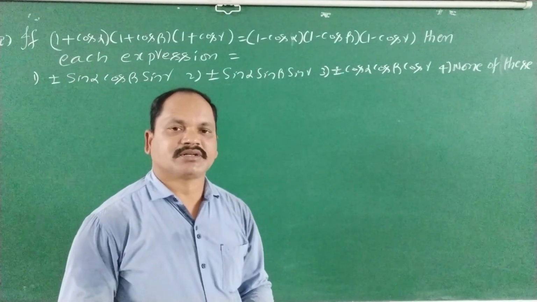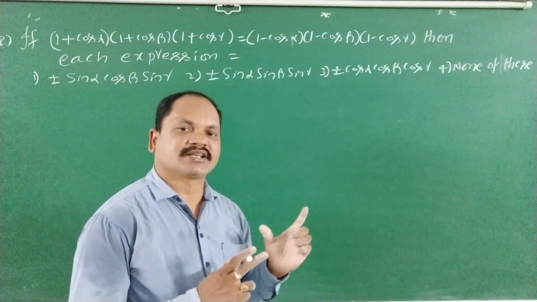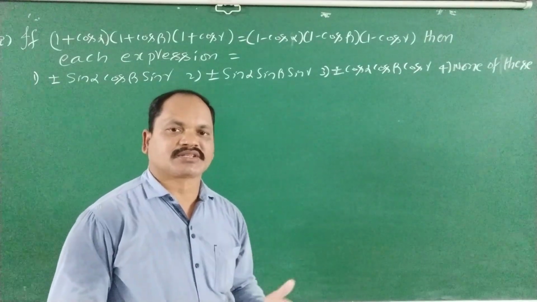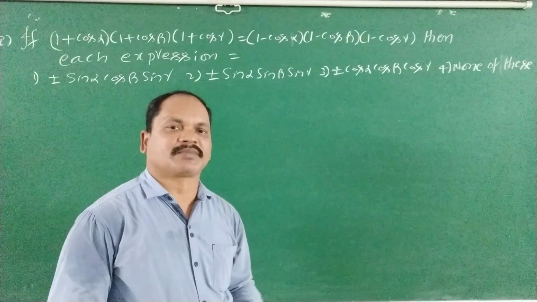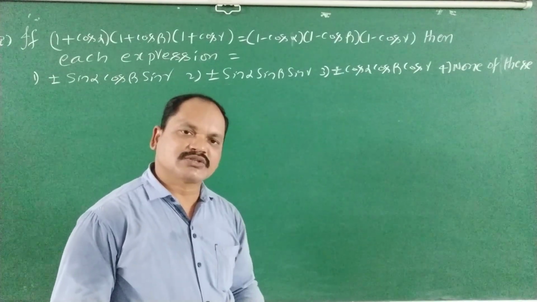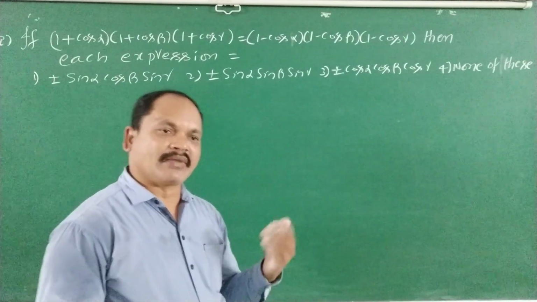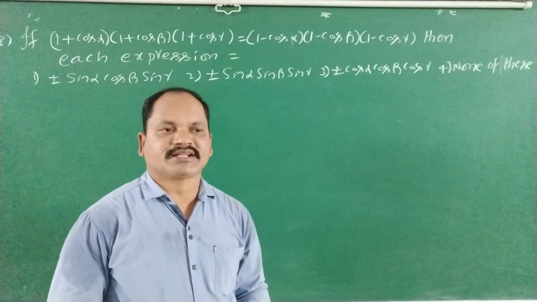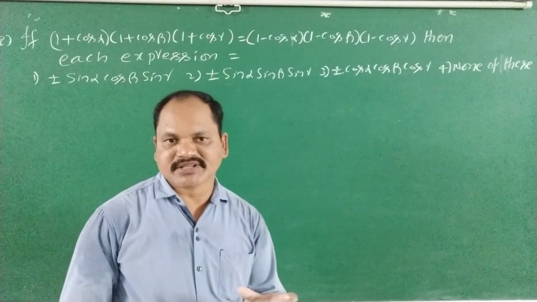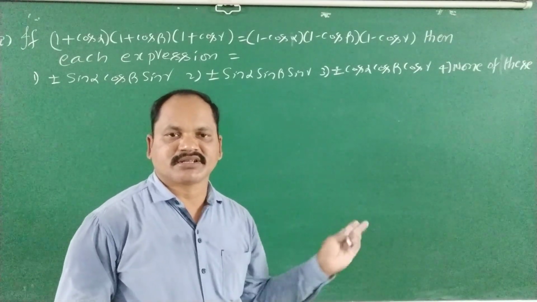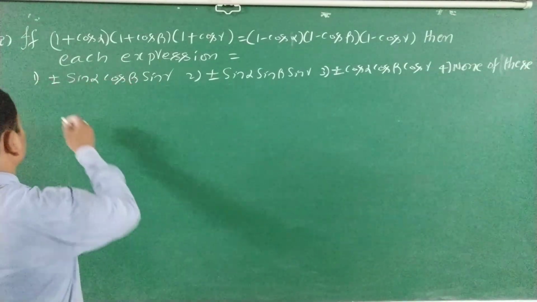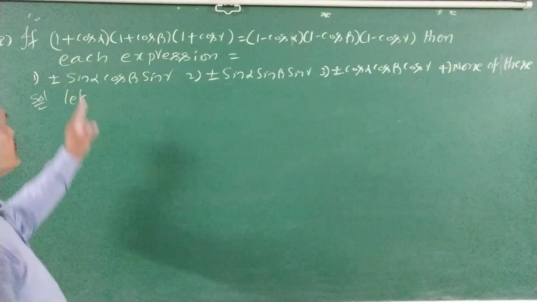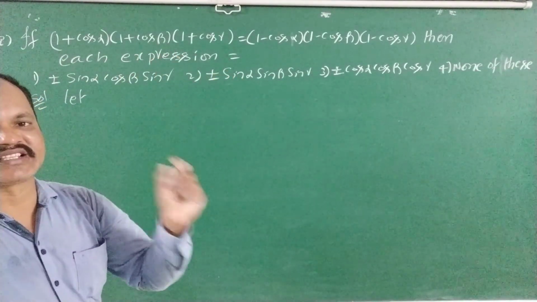That means, observe, two expressions are equal. What are the expressions? 1 plus cos alpha into 1 plus cos beta into 1 plus cos gamma, which is equal to 1 minus cos alpha into 1 minus cos beta into 1 minus cos gamma. We need the result of each expression. Now the solution for this question. Let us consider each expression as k.